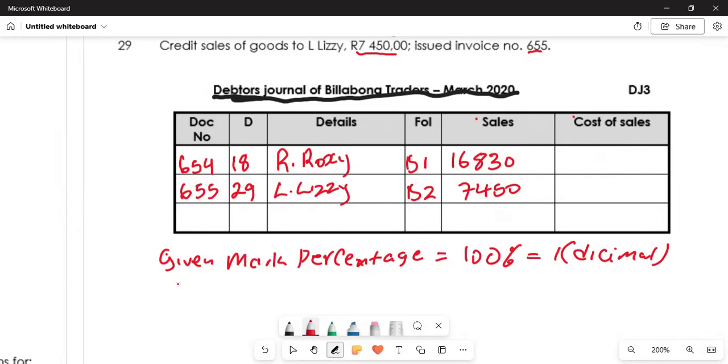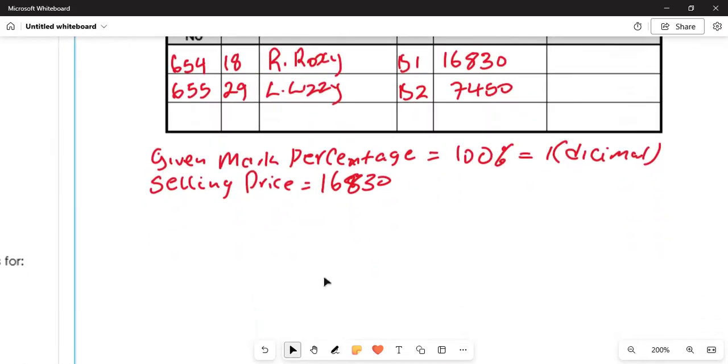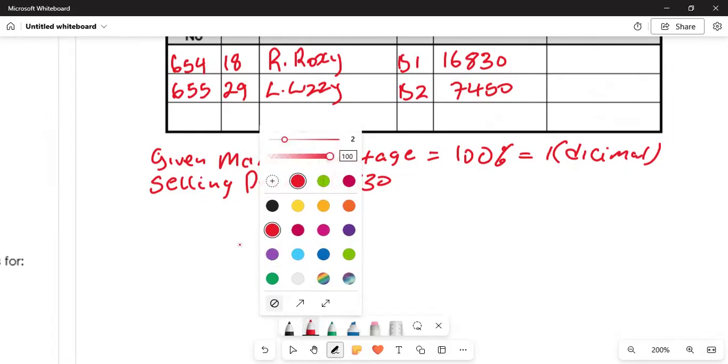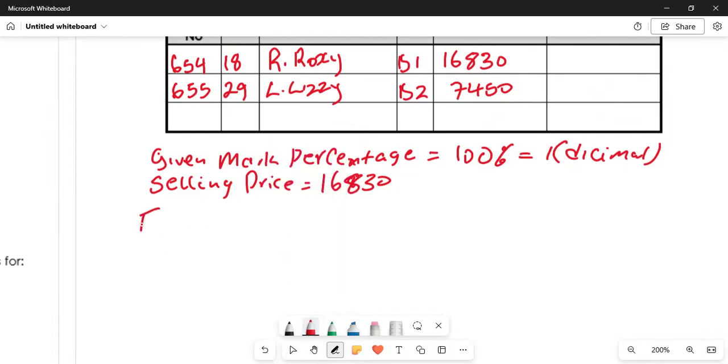So our selling price is equal to 16,830. Now we are going to go to the formula to get the cost price.